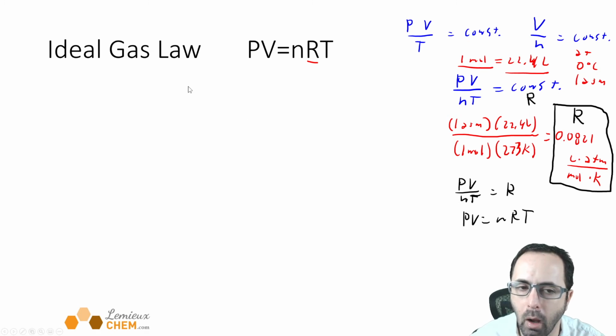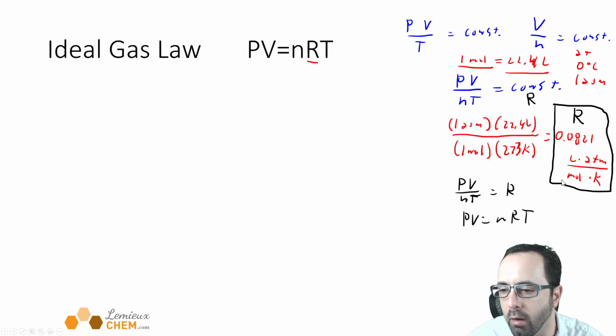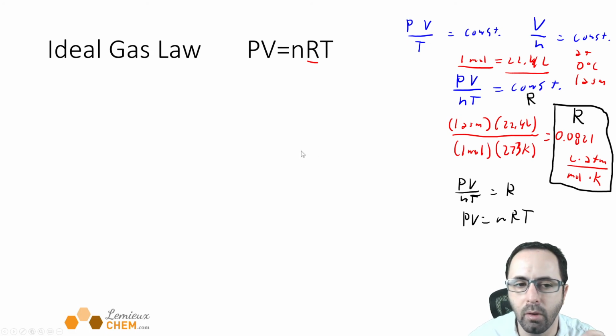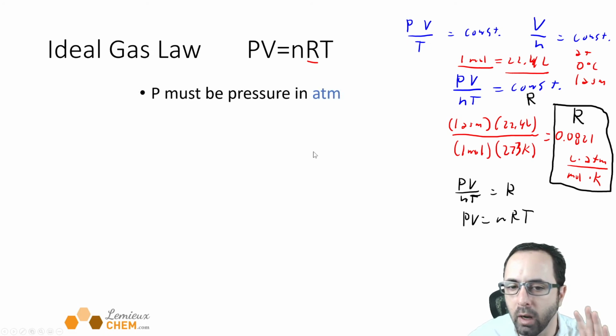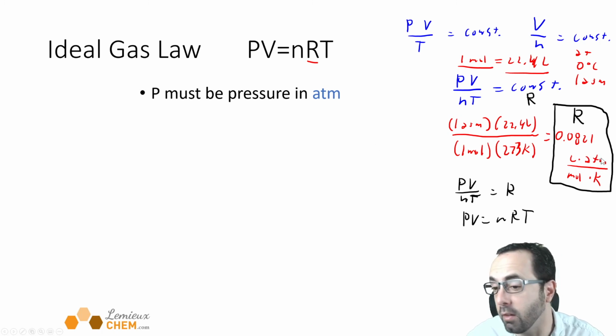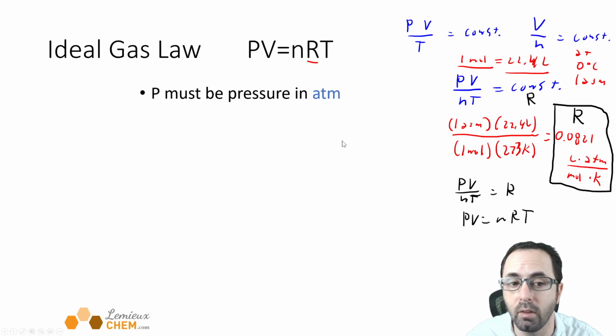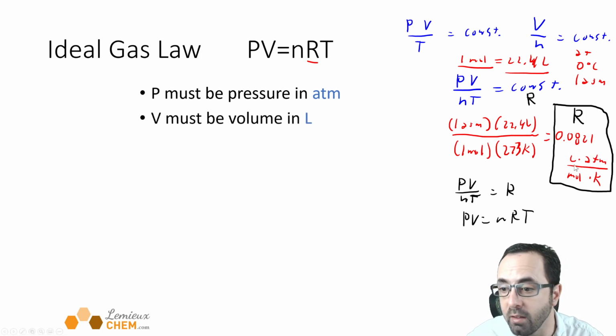For the ideal gas law, we need to be very careful about the units because the R that we're going to have available has very specific units. So pressure must be in atmospheres because the R has units of atmospheres. Volume must be in liters, again, because the R has units in liters. So if we're going to use this R, we need to use the right units so they cancel.